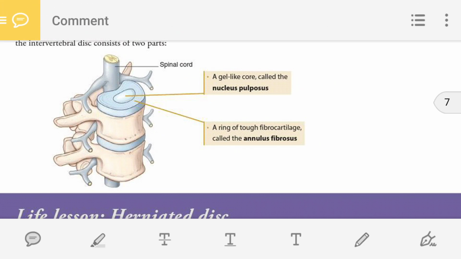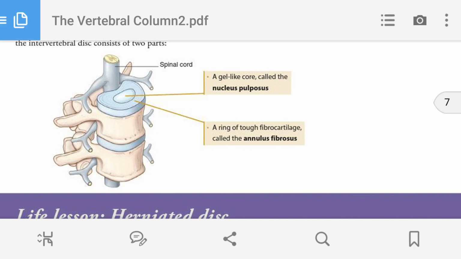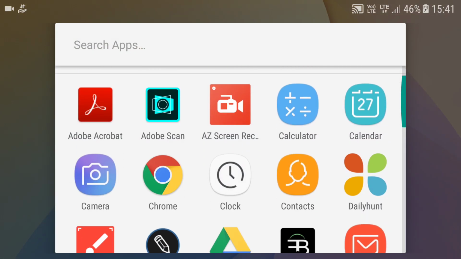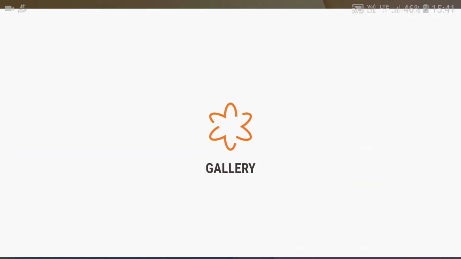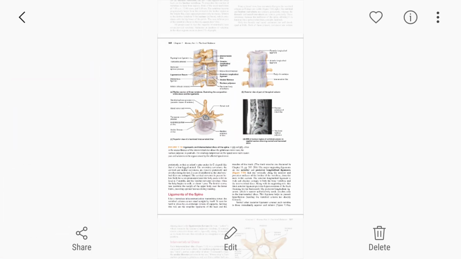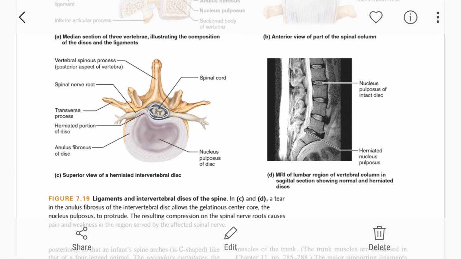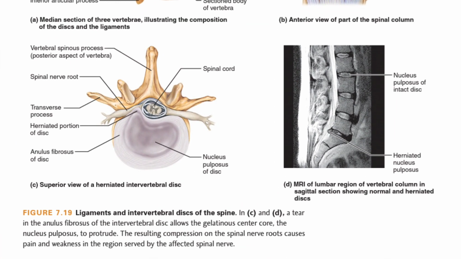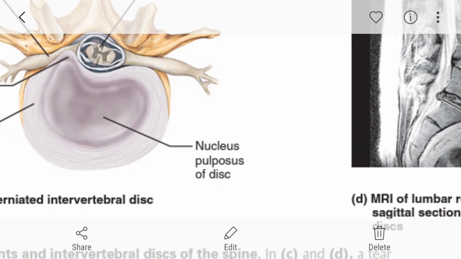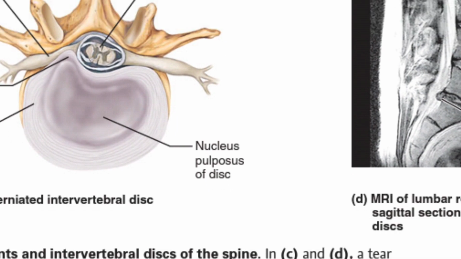Now I will show you the other figure so that you can get the idea. This is a beautiful figure, so you will get a clear-cut idea, okay. Here you can see nucleus pulposus, a pulpy substance, highly elastic and gelatinous, okay, that is known as the nucleus pulposus of the disc.